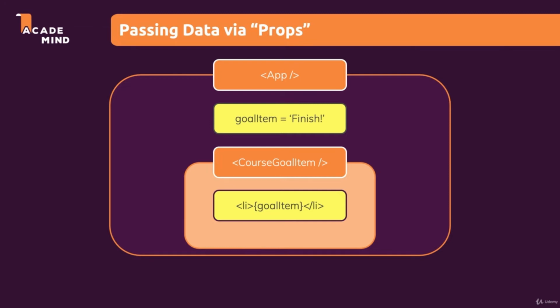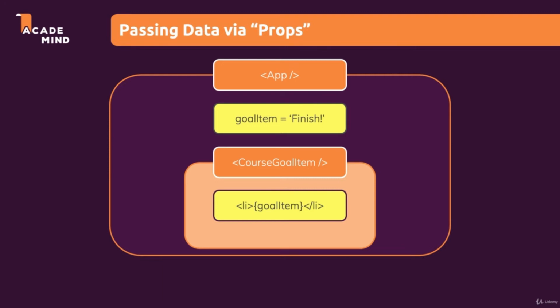We can have a custom component which should output a list item where the goal item should be output dynamically. The problem is that the goal item variable lives in the app component, not in the course goal item component. And to a certain extent that is good, because it makes the course goal item independent if it doesn't store the concrete value internally.